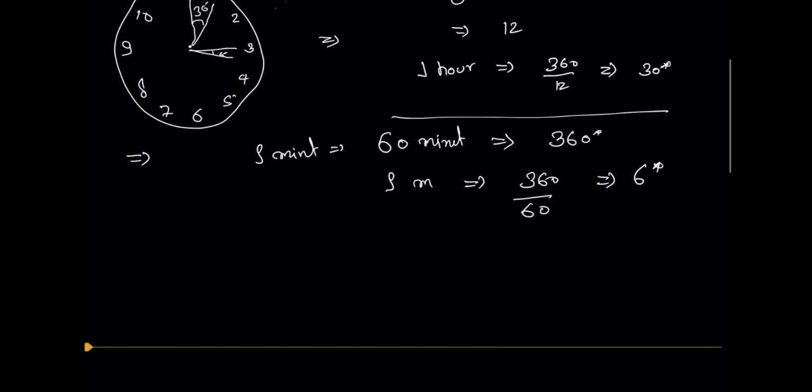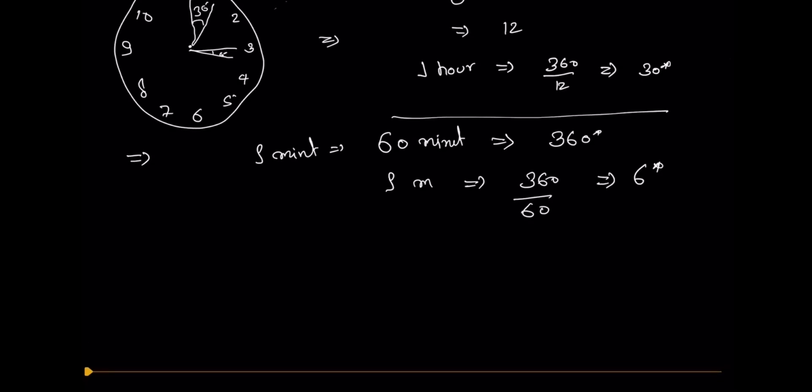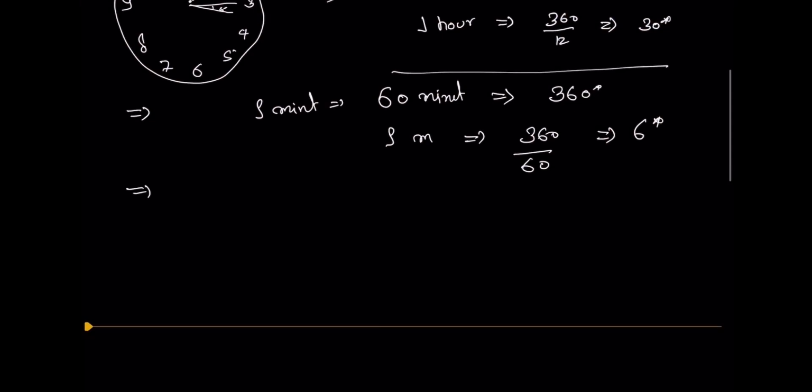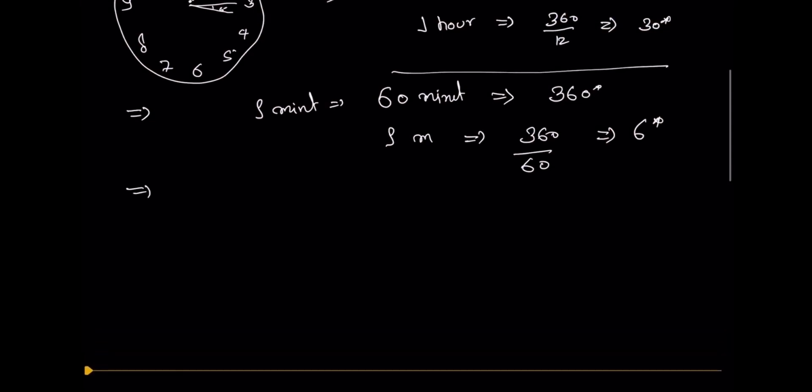Okay. Now we also want to know how much the hour needle moves when the minute needle moves one tick. An hour is 30 degrees.